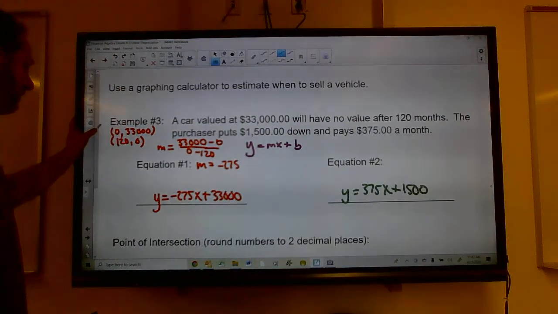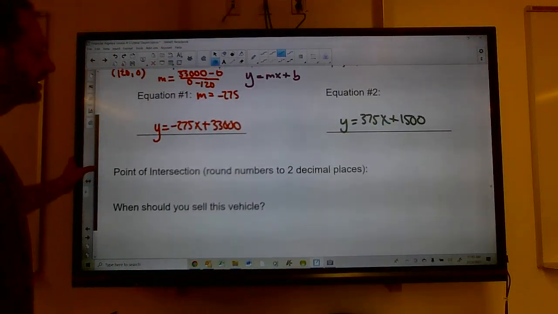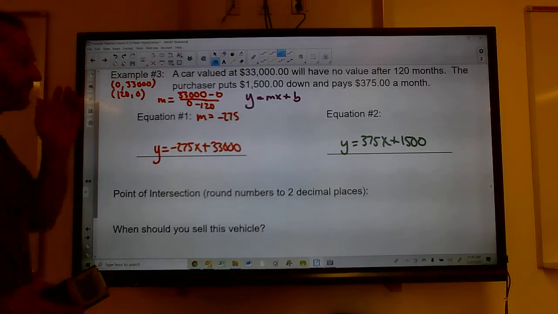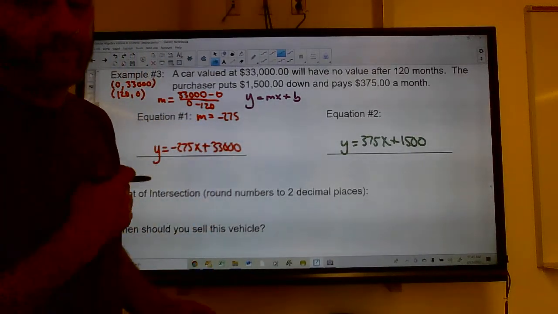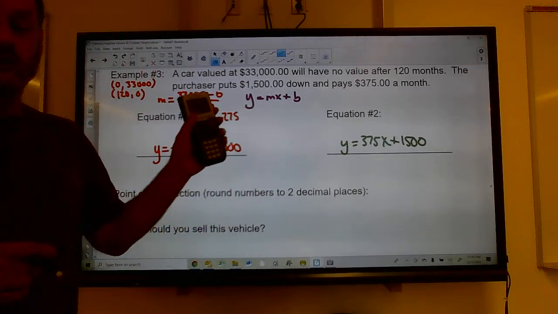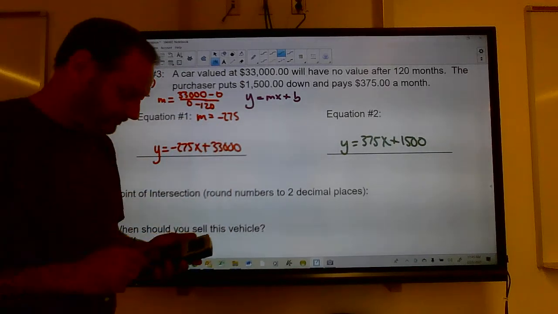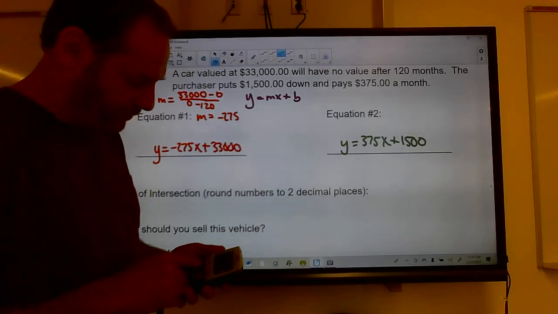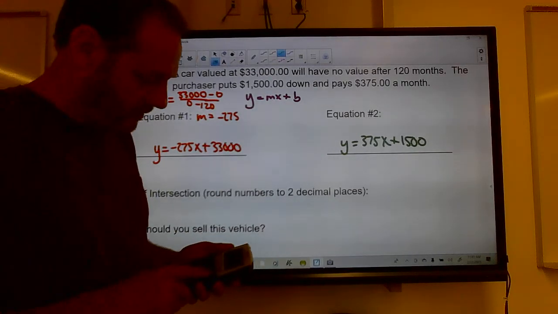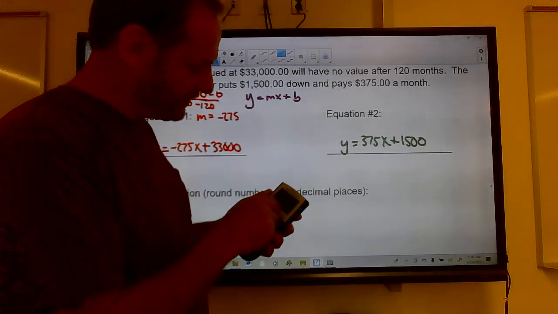Okay, now it says find the point of intersection and round numbers to 2 decimal places. This is not something you want to do on a graph, so you can use a graphing calculator. Here's what you do. First, push the mode key and go down to the 4th row.